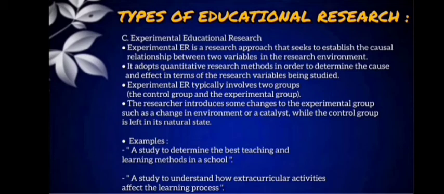The researcher introduces some changes to the experimental group, such as a change in an environment or a catalyst, while the control group is left in its natural state. For example, a study to determine the best teaching and learning methods in a school. A study to understand how extracurricular activities affect the learning process.